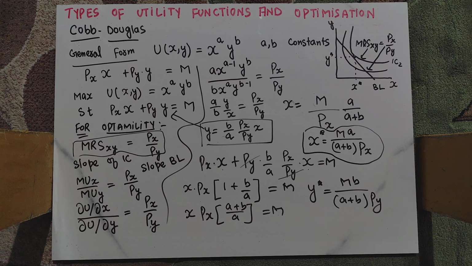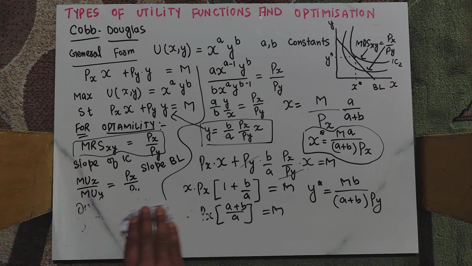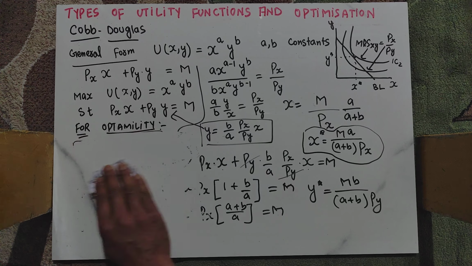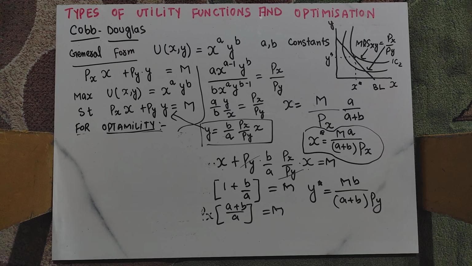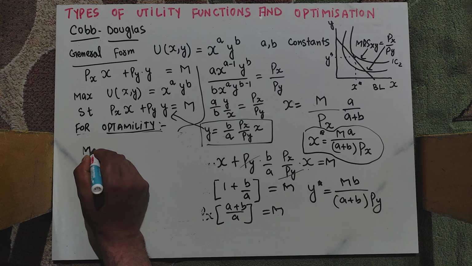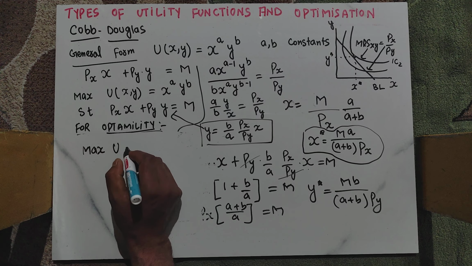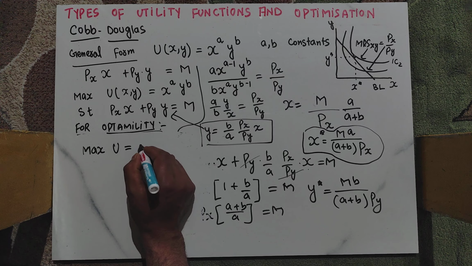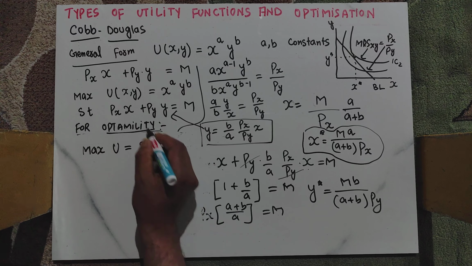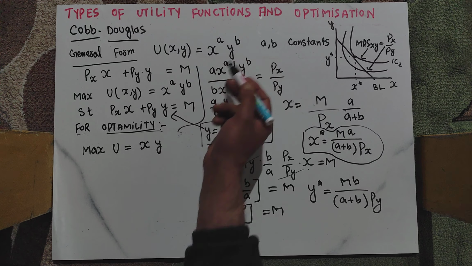Okay, so let's take the specifics here. Let me take a simple example. Let us suppose we have a consumer, and we want to maximize the utility of the consumer, and suppose the utility function is X times Y. So it is in the standard form, where a and b are 1 and 1.